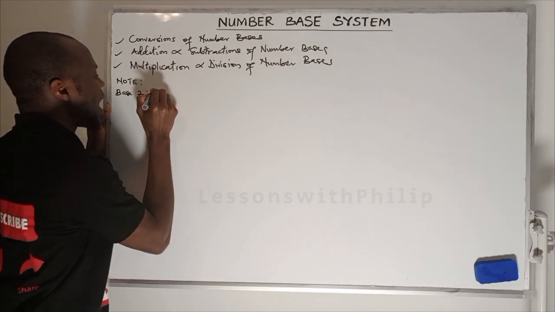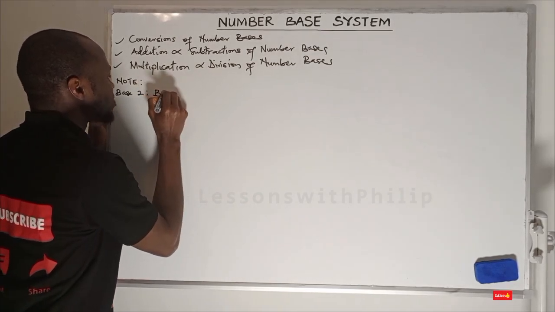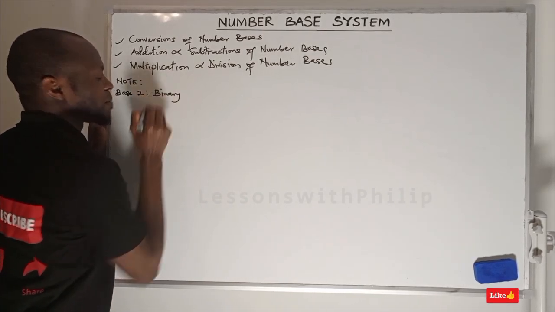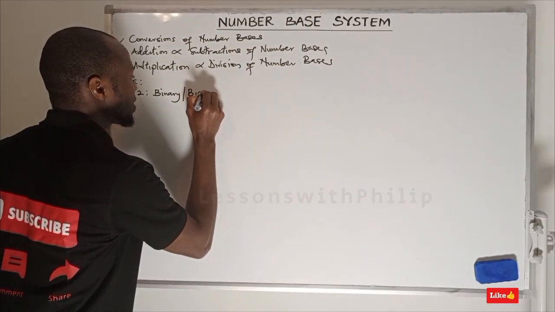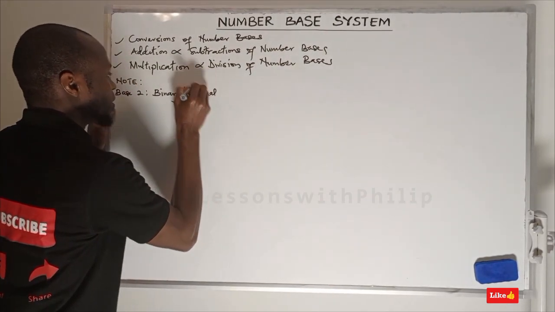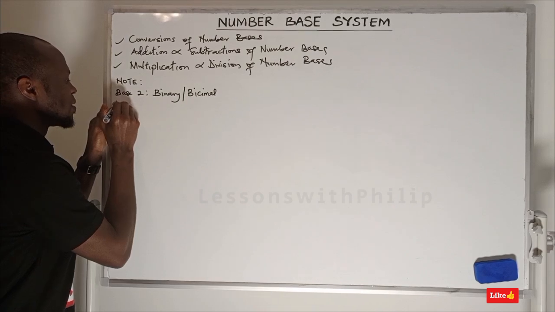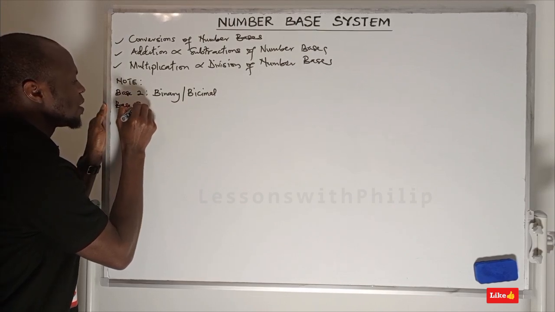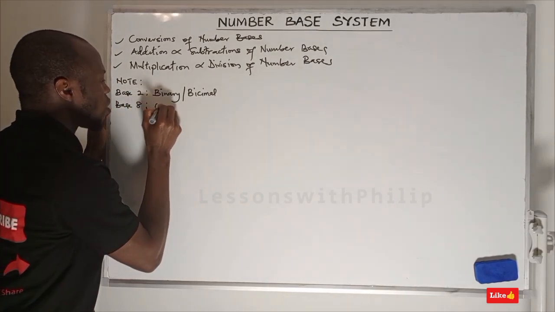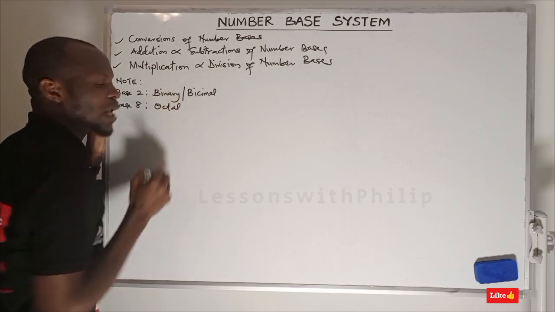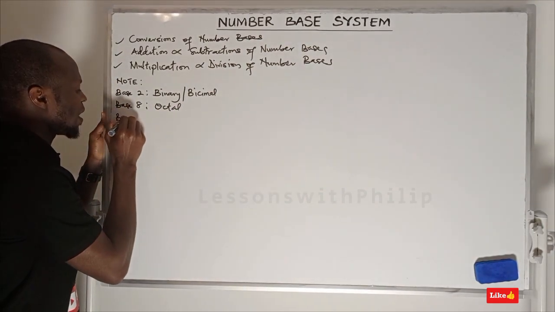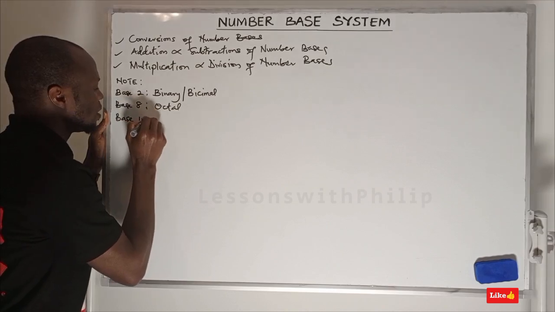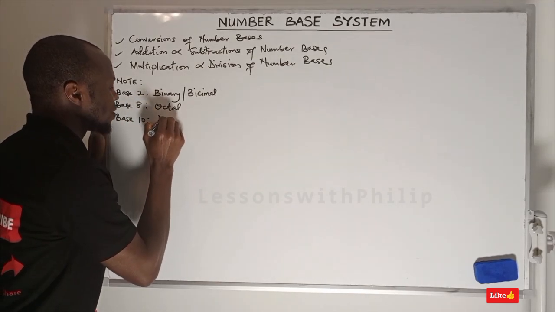Some of the bases of numbers have names. For example, base 2 is known as binary, or sometimes bisemal. Base 8 is known as octa base. Base 10 is known as decimal.